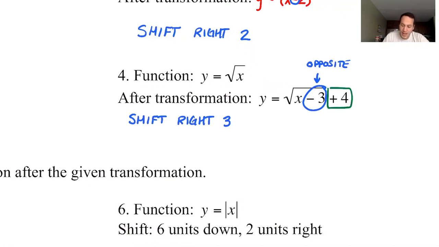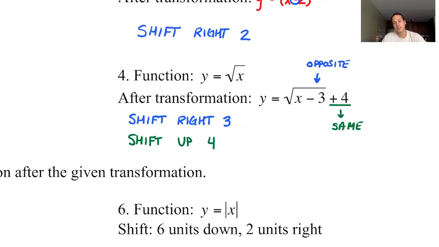Over here on the outside of the square root symbol, you know what? Let me get rid of those just to make sure you can really see it. Right there, this one happens in the same direction. So that one's going to be a shift. It's +4, so that's going to be up 4, okay? If it's on the inside, it's the opposite direction. If it's on the outside, it is the same direction.